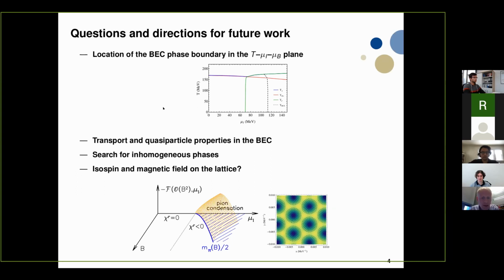Then another interesting question: transport and quasi-particle properties in the BEC phase. What about inhomogeneous phases? The combination of isospin and magnetic field on the lattice. There was also a talk on that on Tuesday by Thomas Brauner, where it seems that under certain conditions, those theories are also free of the sign problem.